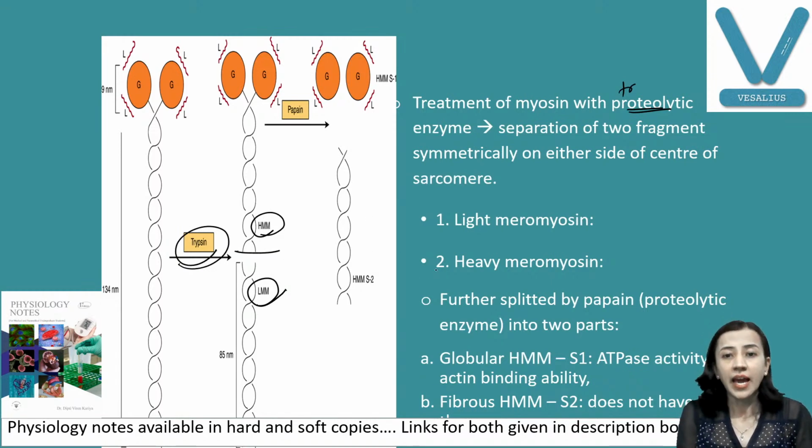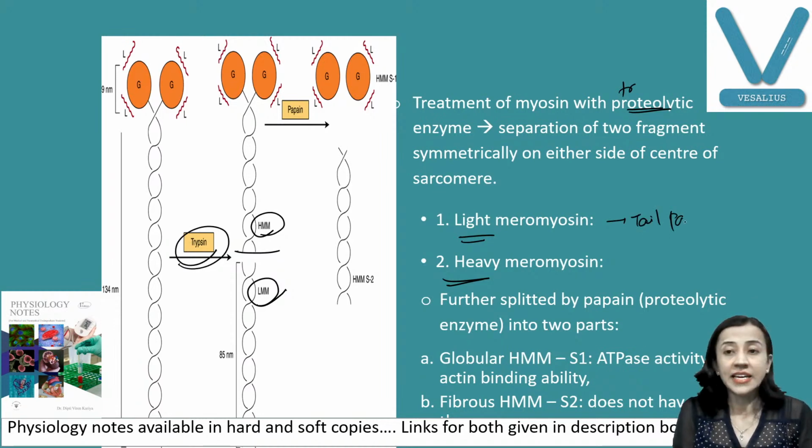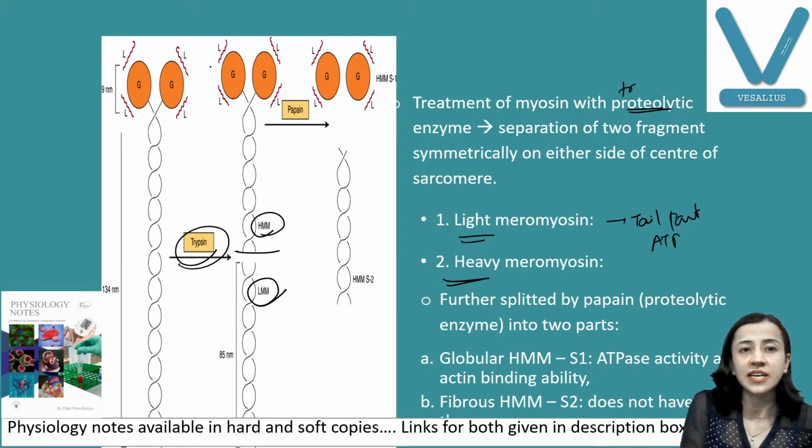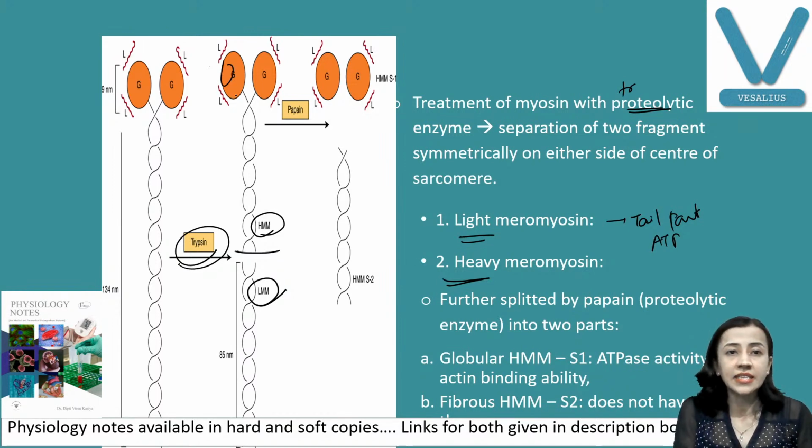HMM means heavy meromyosin and LMM light meromyosin. This light meromyosin is the tail part. It doesn't have ATPase activity because ATPase activity is present in the head here. And heavy meromyosin molecules contain this globular head with the ATPase enzyme.